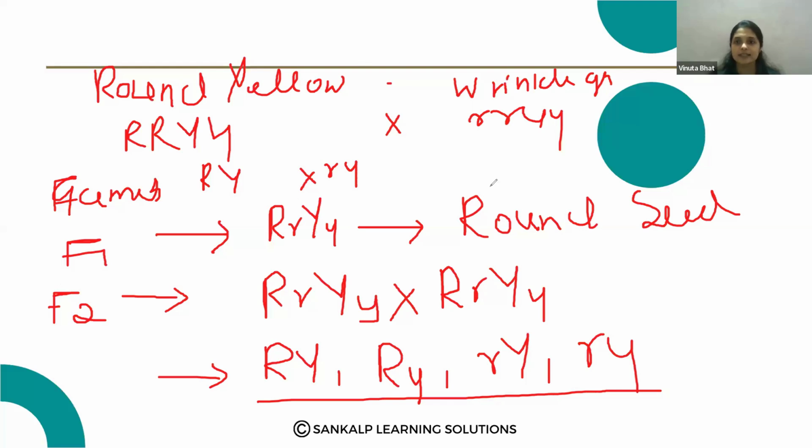Okay. So I will change this slide and I will draw the checkerboard. Okay. So this is the first step: how the characters inherit independently from parents to the next generation. So next, the checkerboard.